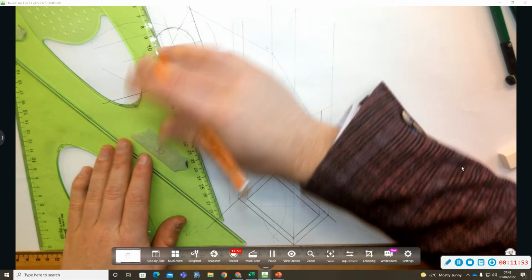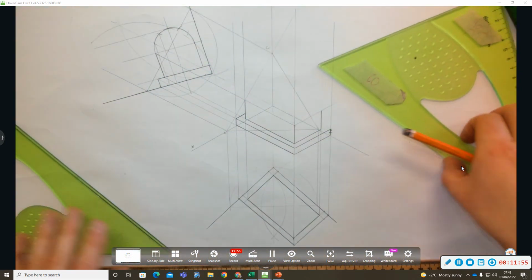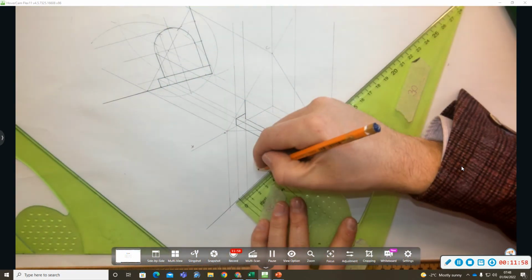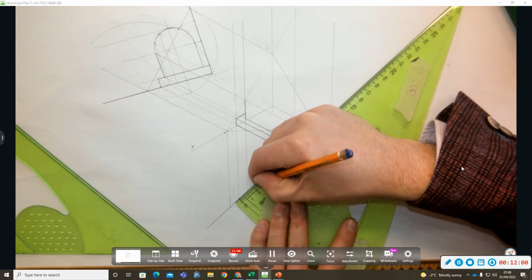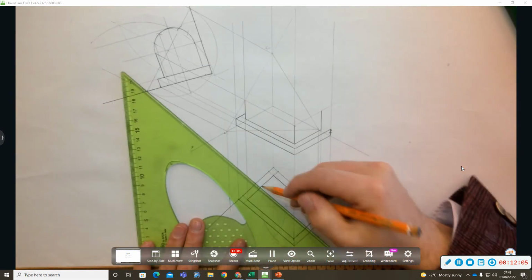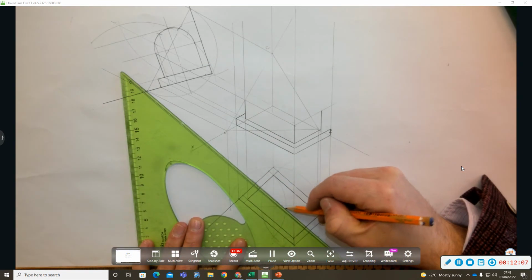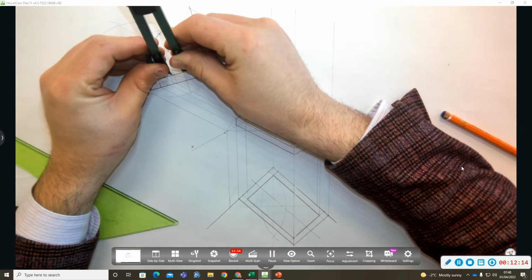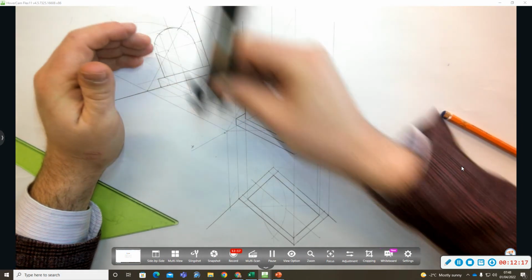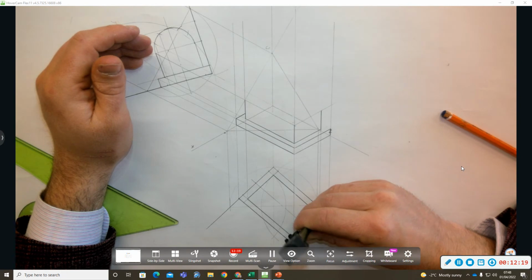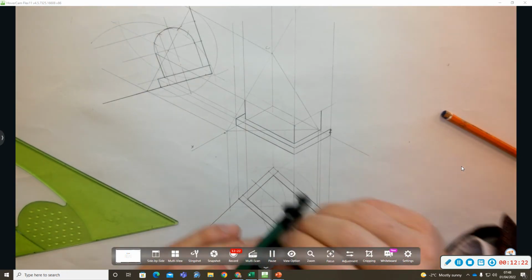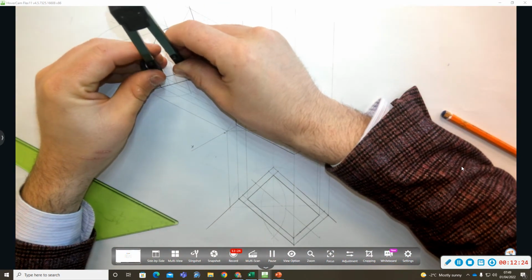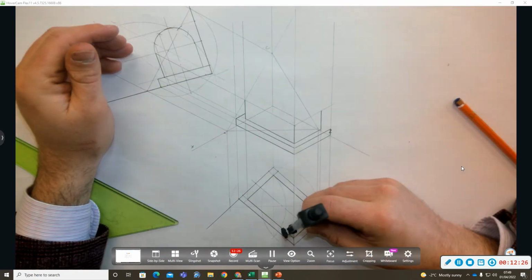I only need to do 2, okay, because if I get the center down here, they're the same distance. So now, if I get my compass here, take this distance here, step it left and right. Next one.